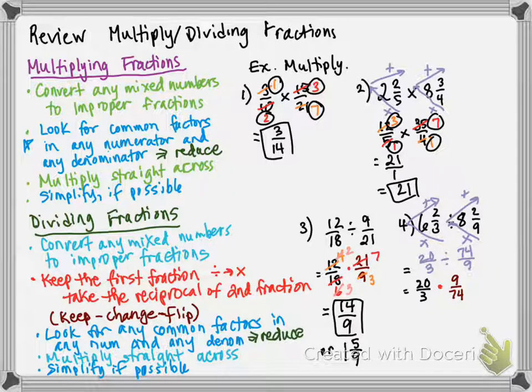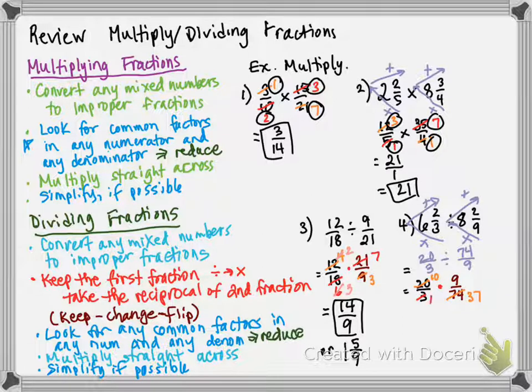Okay, so left, top, bottom, right. I notice they're both even, so I can divide a 2 out of each of those. 20 divided by 2 is 10, and 74 divided by 2 is 37. You can always do the math off to the side if you don't know that. Let's look on the other side. Top right, bottom left, they have a 3 in common.